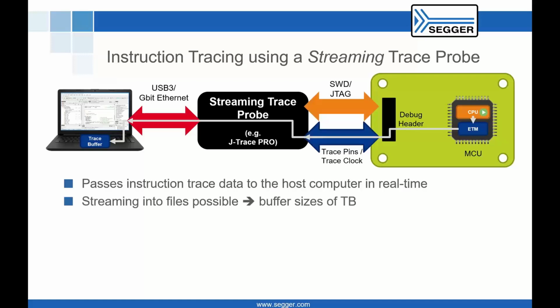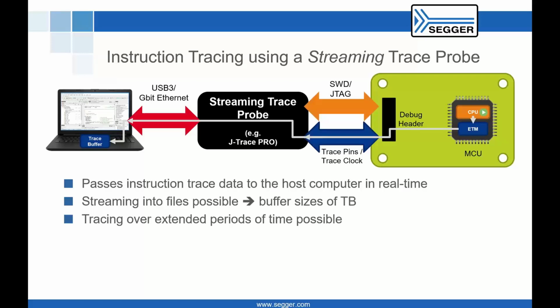And so now, instead of just megabytes or gigabytes, we're talking potentially terabytes of trace data that you can store. That is really what allows tracing of instructions over large extended periods of time, possibly from when you start up your system until you shut it down, to trace the whole life cycle of, let's say, a user interaction with your application.